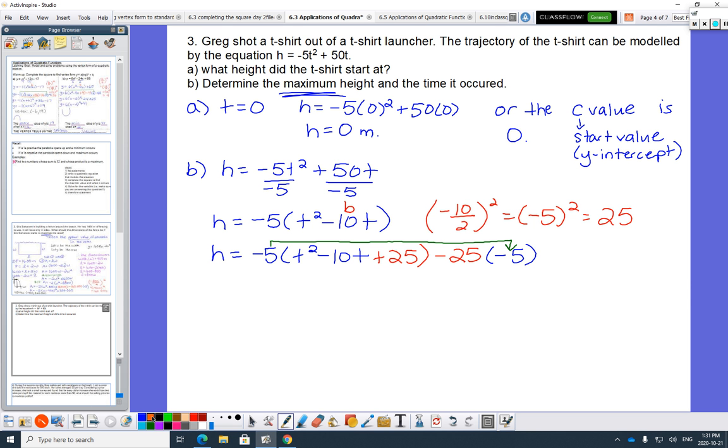Okay, so same thing. Factor the trinomial. -25 times -5 is +125.